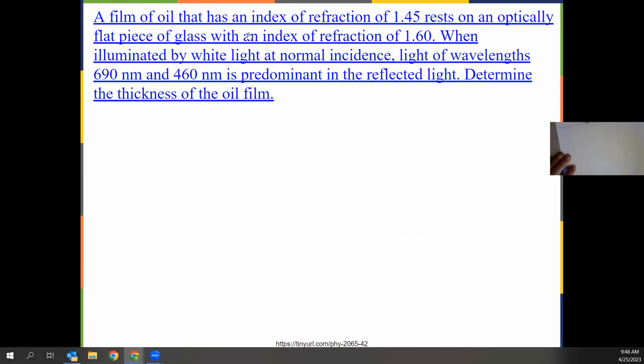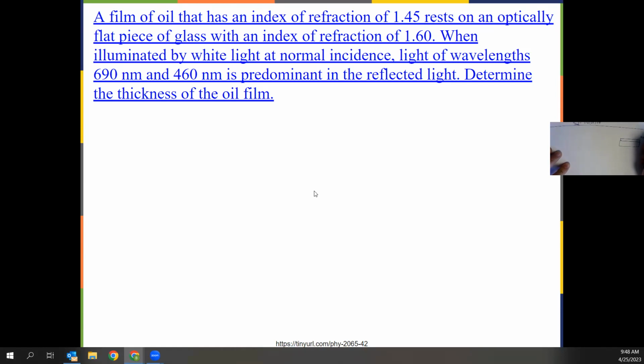So it says a thin film of oil. Okay, so this is a thin film of oil, and it rests on a piece of glass. Okay, so this is glass.